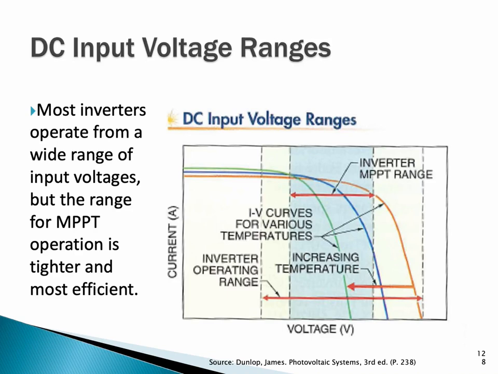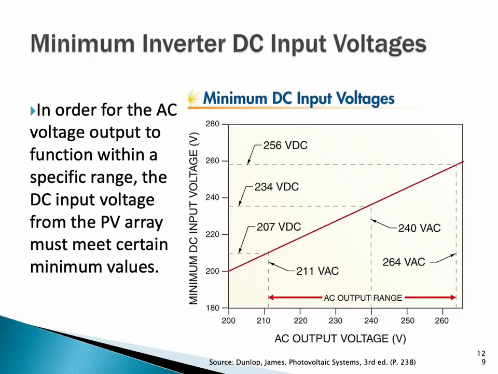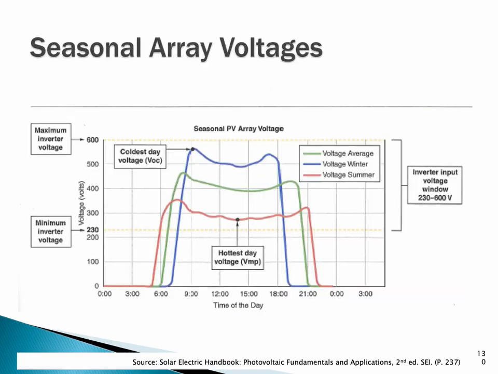So here are our voltage ranges. We want to be running at voltages that are within the window of that MPPT operating voltage window for that inverter. That's the sweet spot we're aiming for in the summertime. We don't want the voltage to drop so low that we lose our array.